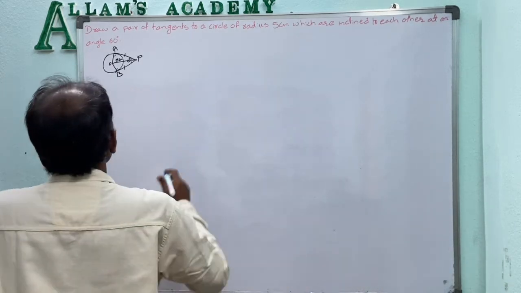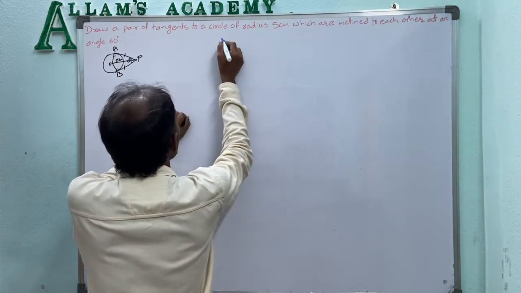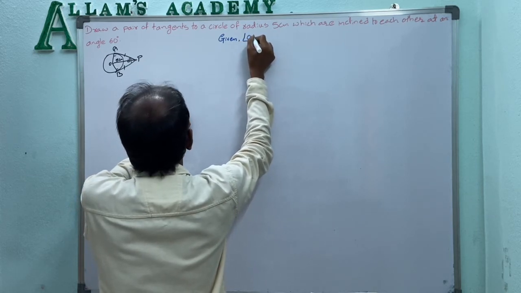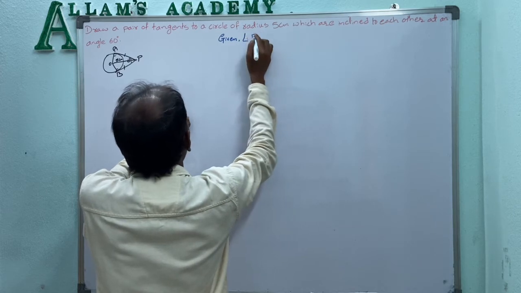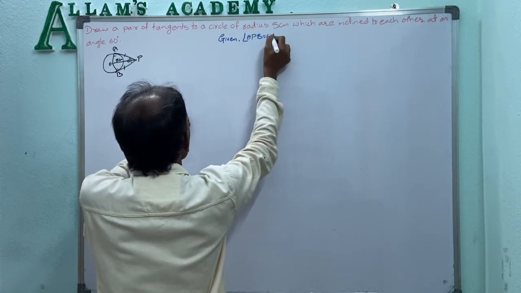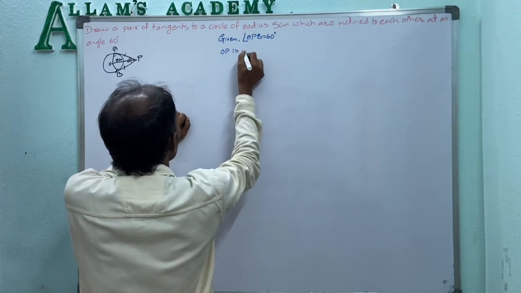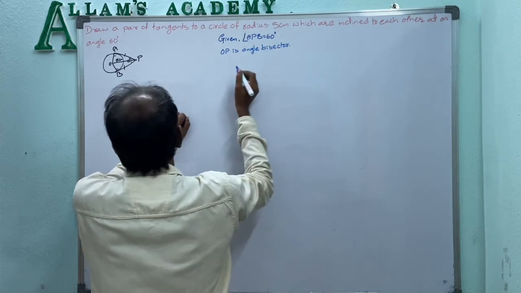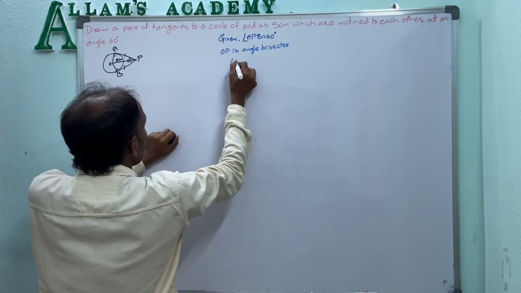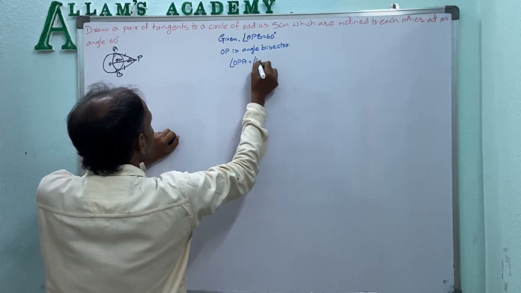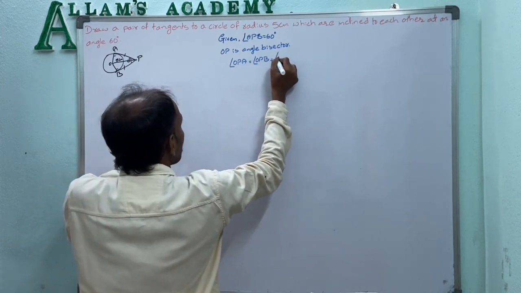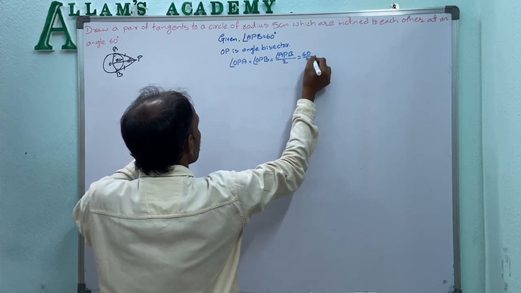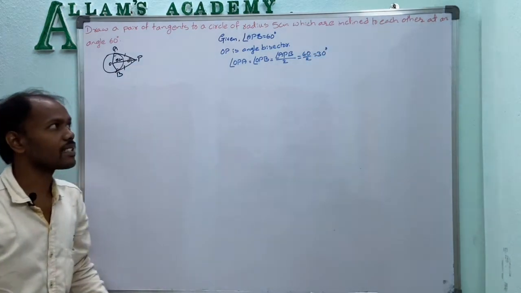So if we write that: given angle APB equal to 60 degrees, OP is the angle bisector, so angle OPA is equal to angle OPB, which is half of angle APB, that is 60 by 2, equal to 30 degrees.